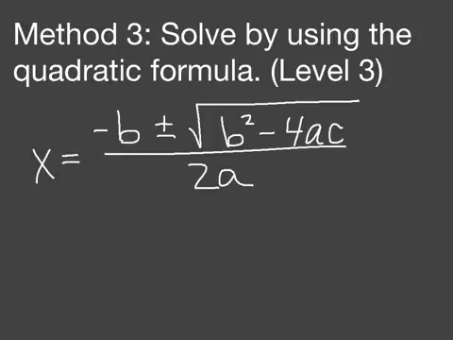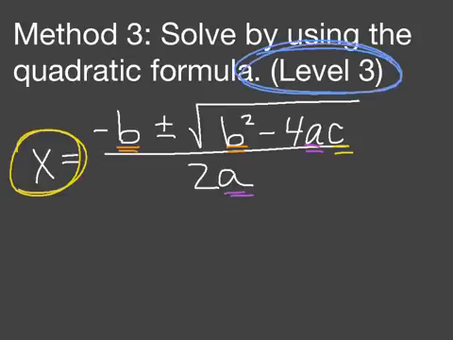Our job is going to plug in the numbers into this formula. So we'll plug in the value of b, we'll plug in the value of a, and we'll plug in the value of c, and we'll calculate, and we'll be able to figure out what x equals. This third method is also a level 3 skill.